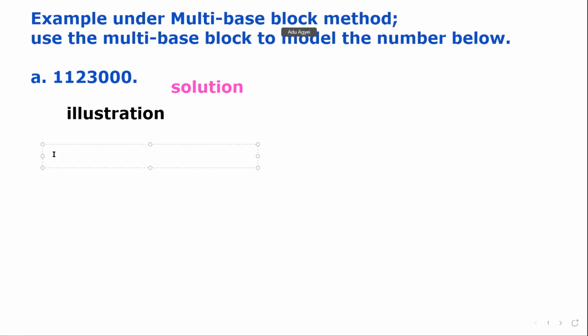Now I have my 1, 2, 3, 0, 0, 0. After that, you indicate the positions of the numbers. So let's indicate the positions of the numbers here.